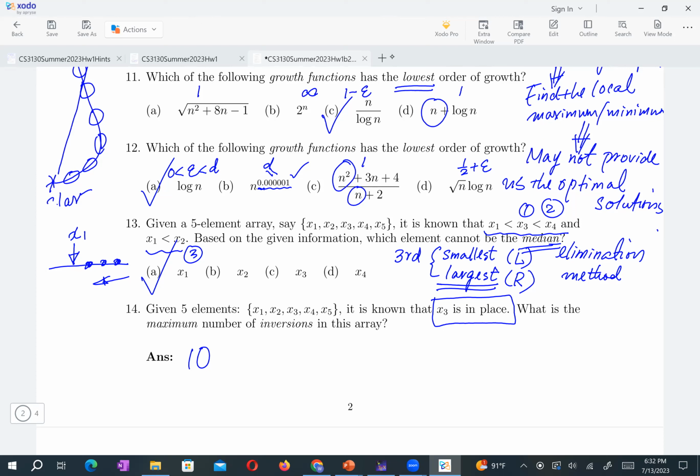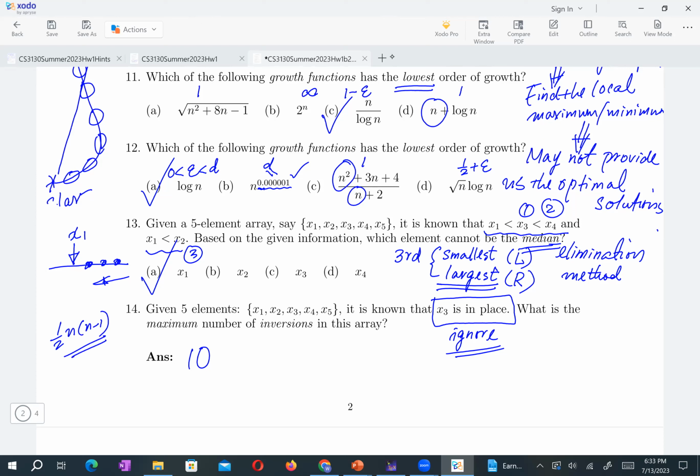So how about we ignore this condition first, just as if there is no such condition. When there is no such condition, remember we did the 11 elements maximum inversions question, and that formula we used. In the 11 element question, the maximum number of inversions is this formula.